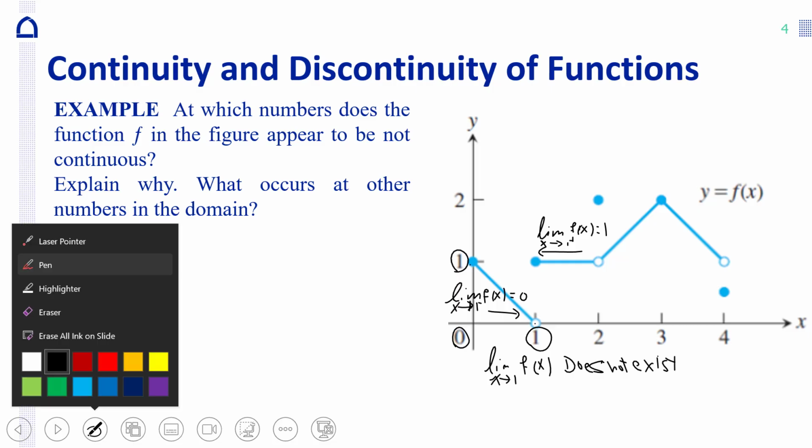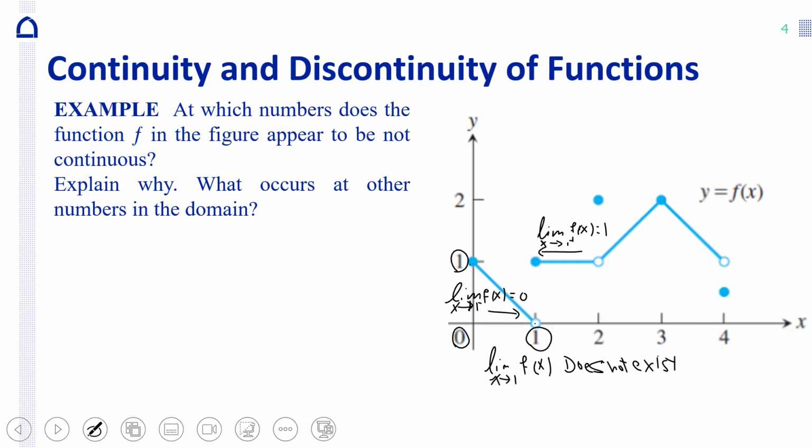Now, the other point is x equal to 2. If we go from the left to 2 and from the right, the limit when x tends to 2 from the left for the function equals the limit when x tends to 2 from the right for the same function, equal to what? What is the height here? It is 1.